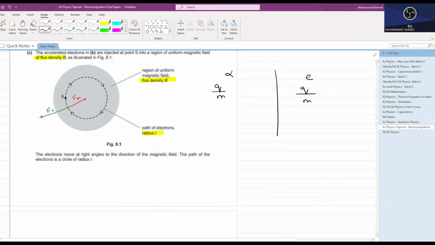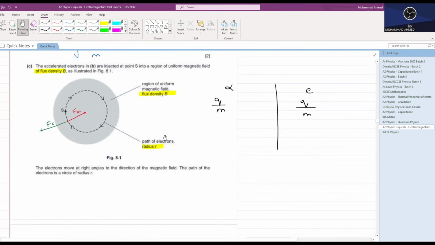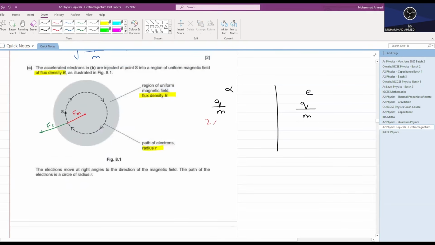We have been using this apparatus for electrons. The charge on an alpha particle is 2 into 1.6 into 10 raised to the power of minus 19, and the mass is 4 into 1.66 into 10 raised to the power of minus 27. However, for an electron, the charge is 1.6 into 10 raised to the power of minus 19, and the mass is 9.11 into 10 raised to the power of minus 31.